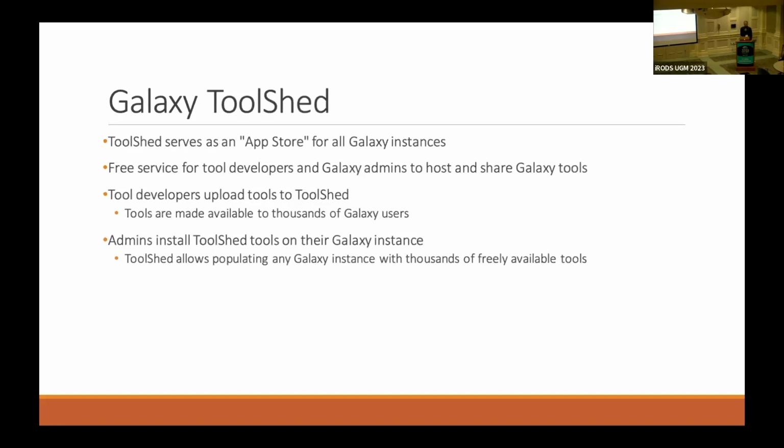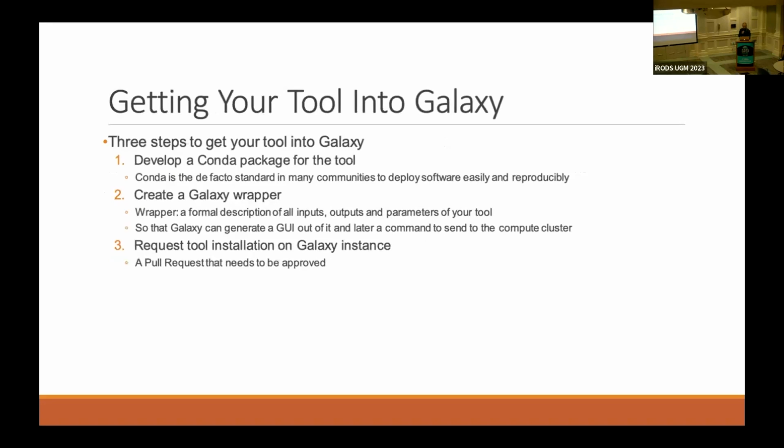One important aspect of Galaxy is the Galaxy Toolshed, which is like an app store. Tool developers can push their tools to the Toolshed, and the Galaxy admins, who want to install tools on the Galaxy instance, will pull the tools from the Toolshed. And there are 3 steps to get your tool into Galaxy.